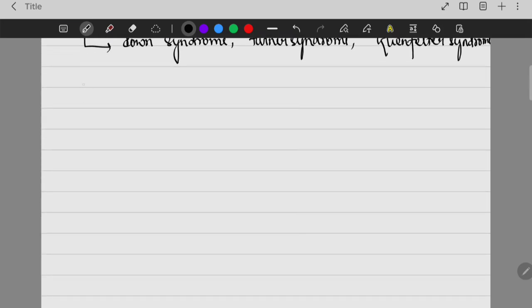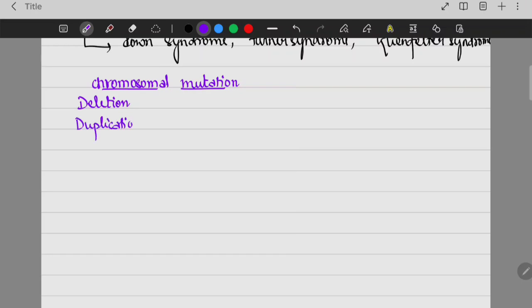First, under chromosomal mutation, maybe I should use another color. Under chromosomal mutation, there is deletion, duplication, inversion, and translocation.